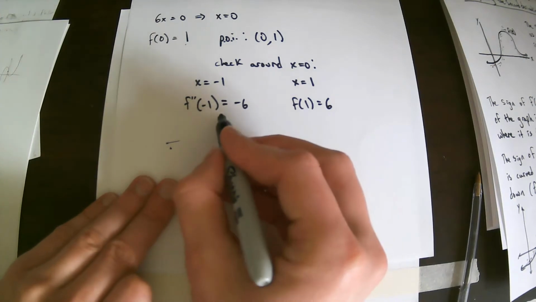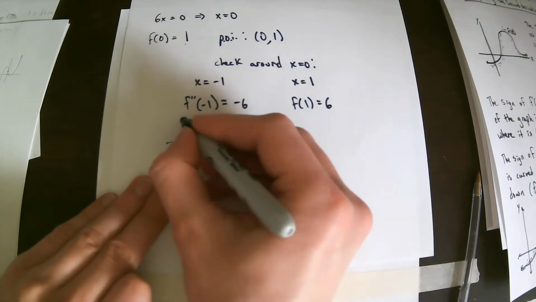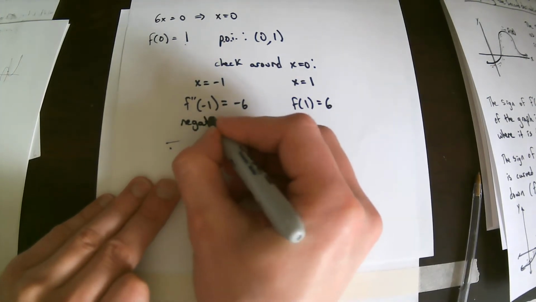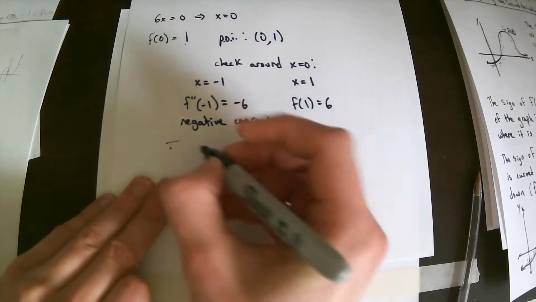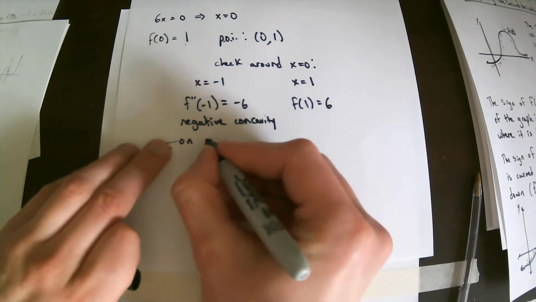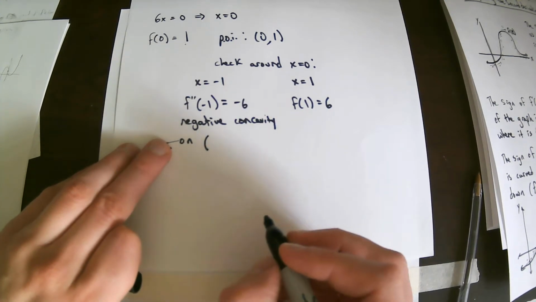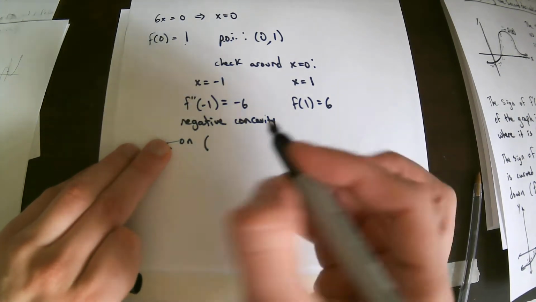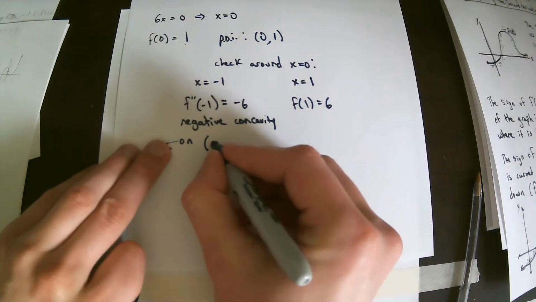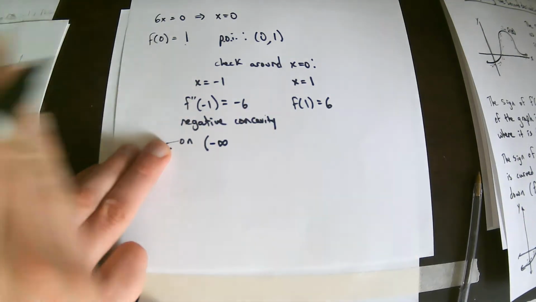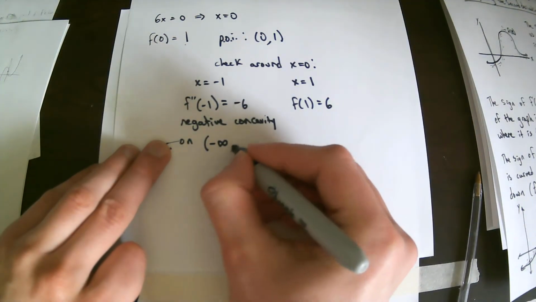So I've got a negative concavity, positive concavity. Negative concavity on what? What is the domain? Well, -1 is on the left, so I've got negative concavity everywhere to the left of this 0 spot.